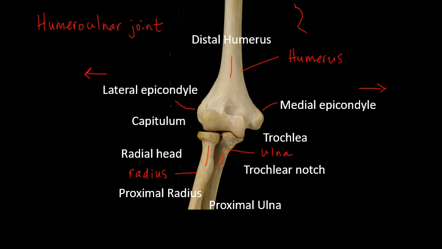Other landmarks we need to be aware of. So the trochlea, right there. The capitulum, and the capitulum articulates with the head of the radius, and the ulna articulates with the trochlea, and the area here is called the trochlear notch. Okay, let's move on and take a look at these bones individually.